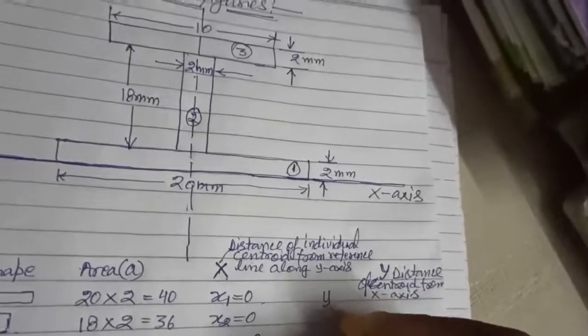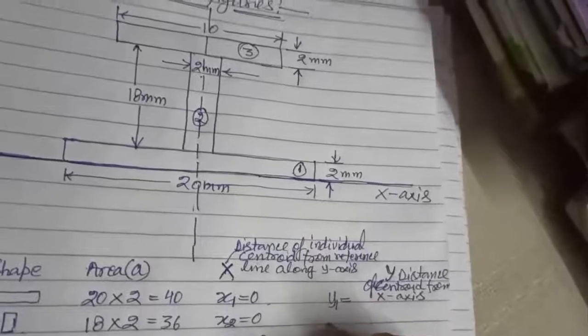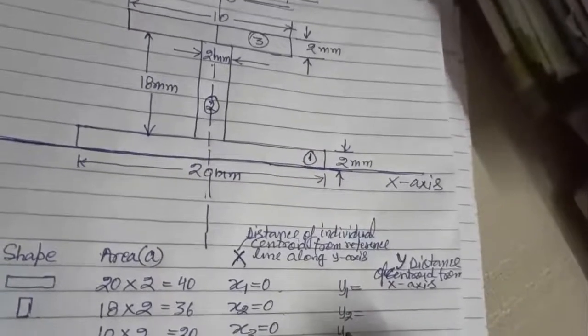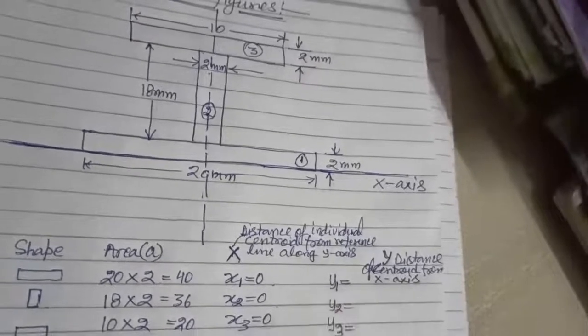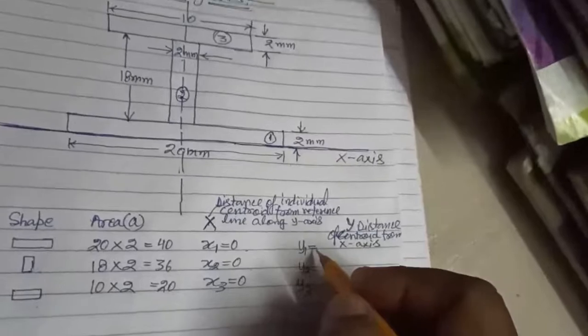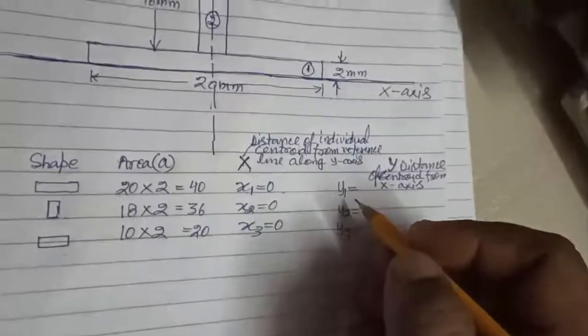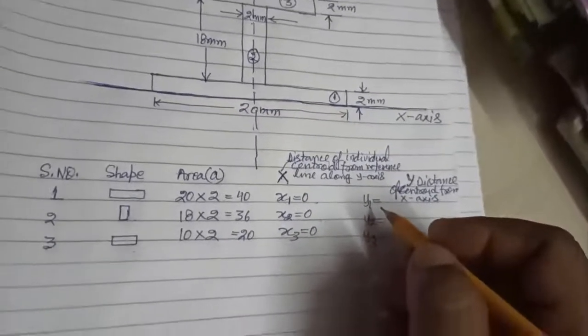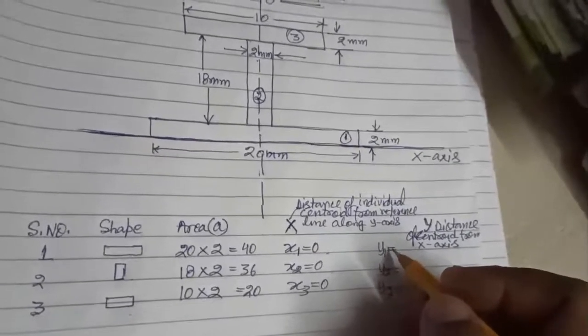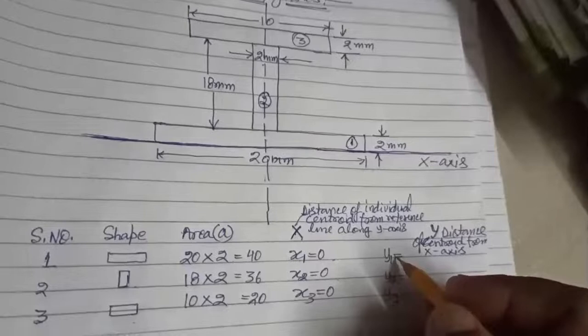So y1 is for the first figure, y2 is for the second figure, and y3 is for the third rectangle. So y1 is the distance of the centroid of the first part from the x-axis, its y coordinate.